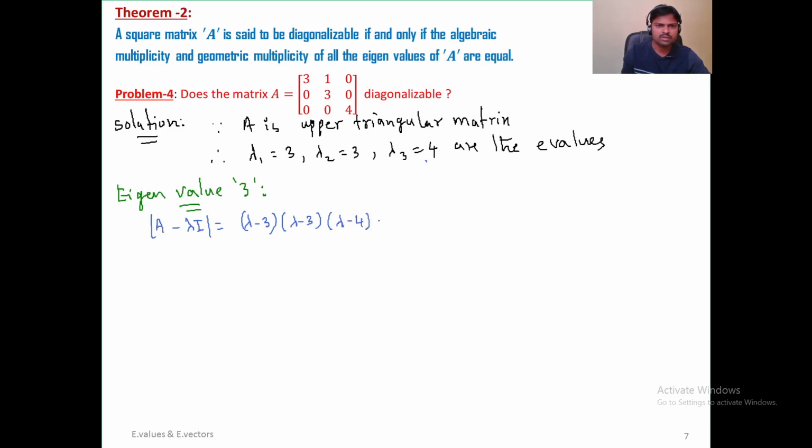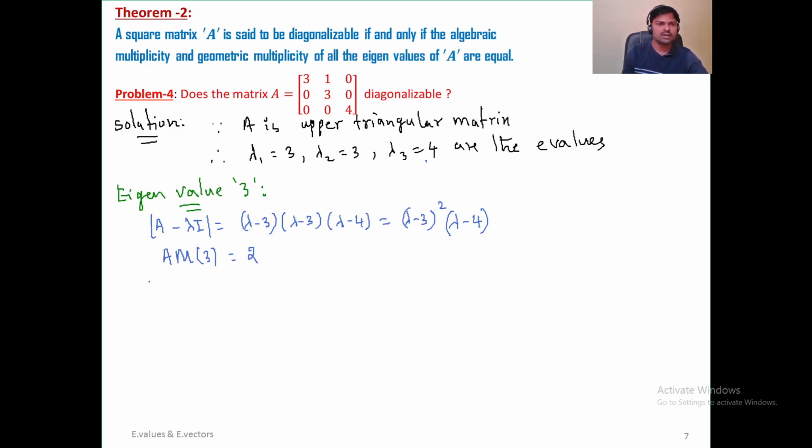So this is lambda minus 3 whole square into lambda minus 4, because 3 is repeating 2 times and 4 is repeating 1 time. Therefore, the algebraic multiplicity of the eigenvalue 3 is 2.